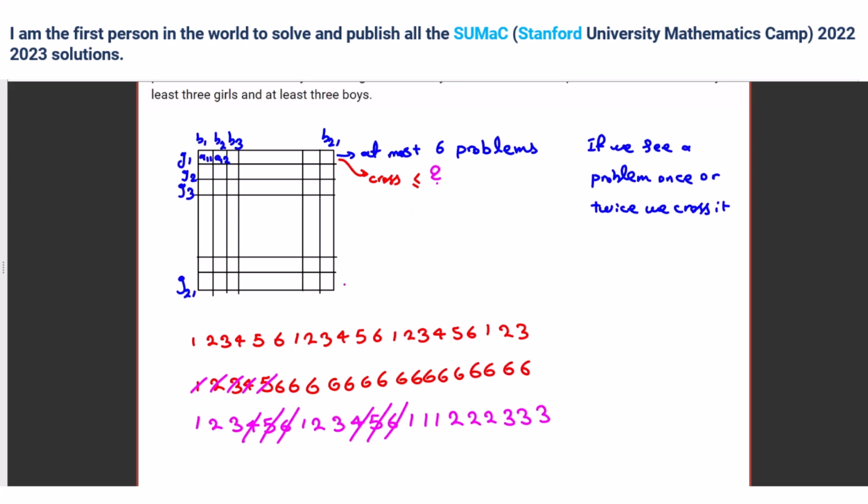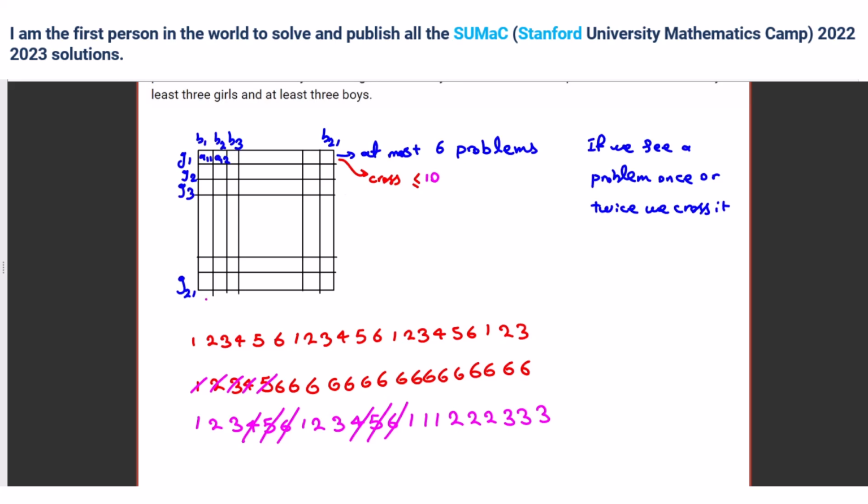Yes, exactly. Because look, when we cross, for example, problem 1, it is in at most 2 cells, right? And we can cross 5 problems at most, because 5 times 2 is 10. If you want to cross 6 problems, 6 times 2 is 12, then 9 cells are left. Exactly. So we cross at most 10 cells.